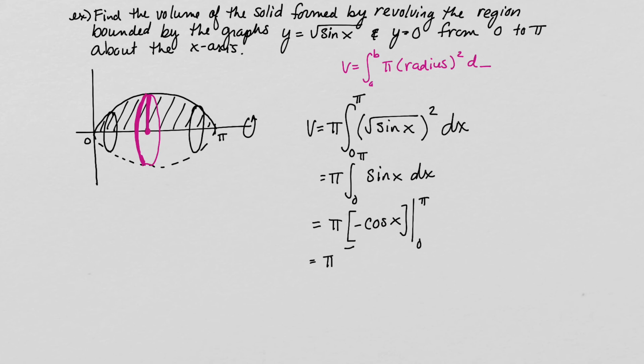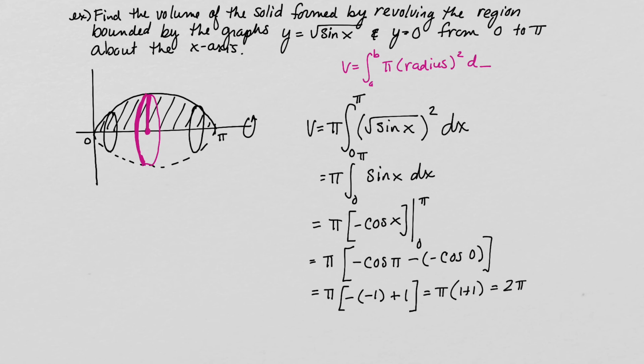So we have pi times minus cosine pi minus cosine of 0. Cosine of pi is minus 1, minus minus is a plus, cosine of 0 is 1. So I really have pi times 1 plus 1, or 2 pi. So the area, or not the area, the volume is 2 pi.